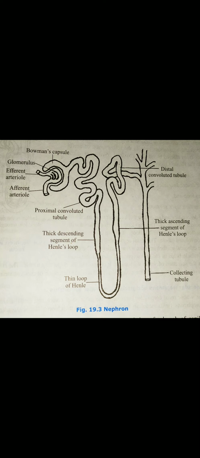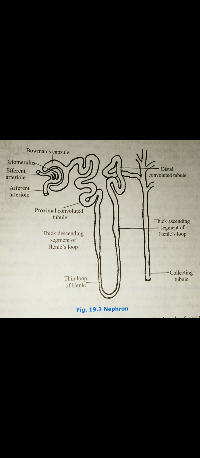Now come to the structure of the excretory unit or the nephron. You can see on the screen we have a tube-like structure coiled here and there.